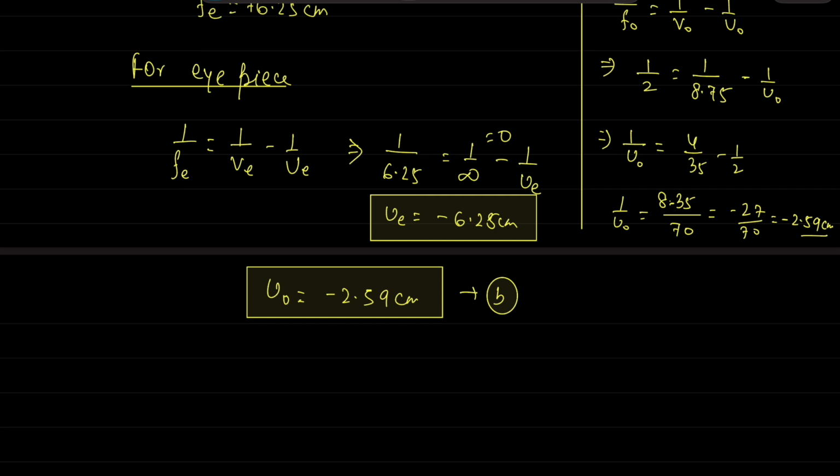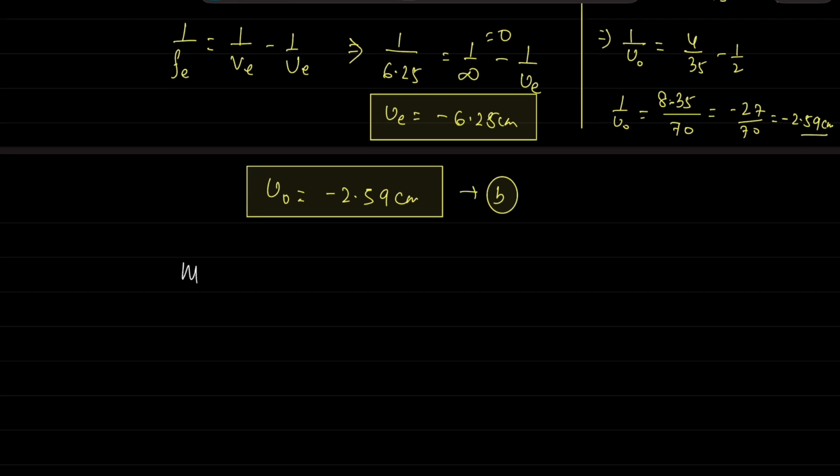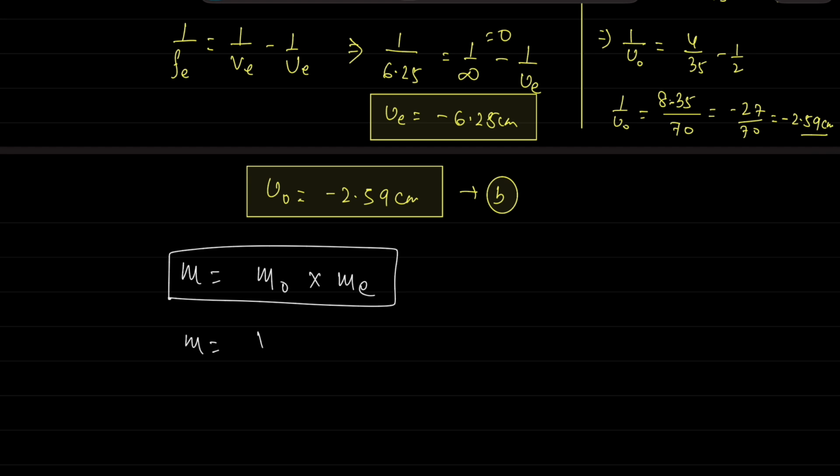So this is the answer for the B part. And similarly, let's find the magnifying power. So M is equal to MO into ME. The MO formula is VO by UO bracket 1 plus D by FE.